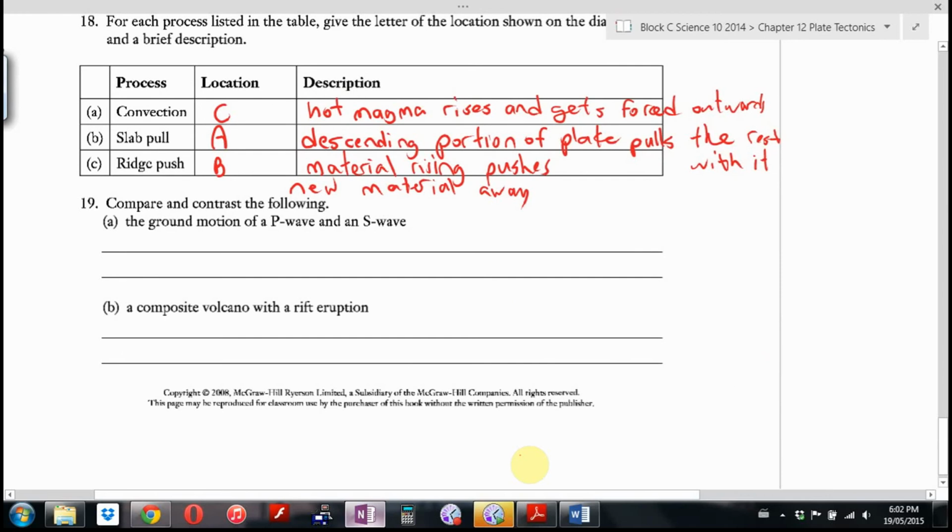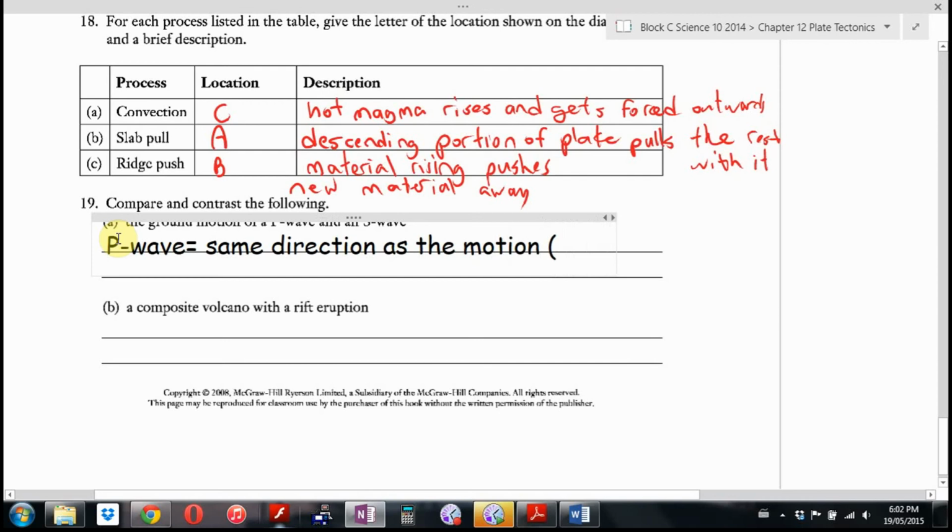Compare and contrast the following: the ground motion of a P wave and an S wave. So I would say this: P wave, same direction as the motion, it's back and forth.